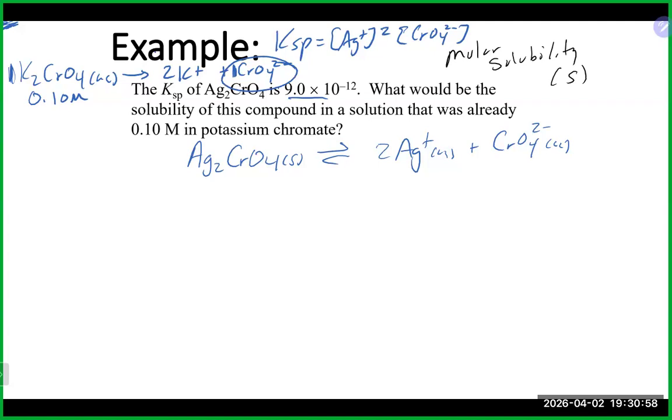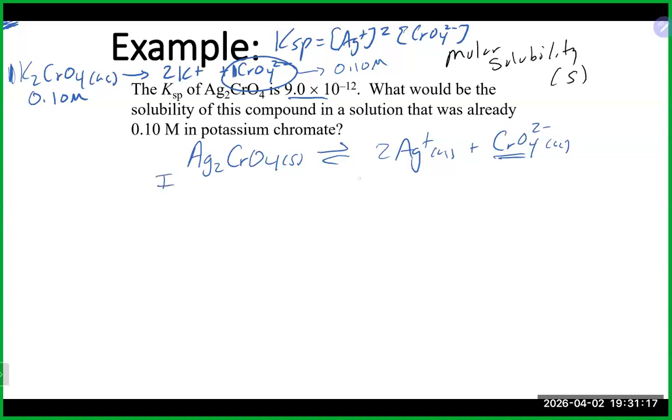That means the concentration of the chromate will also be 0.1 molar. If you wanted potassium's concentration, you would have to multiply by 2, but we don't really need it in this particular problem. That is going to be our common ion that we see here.